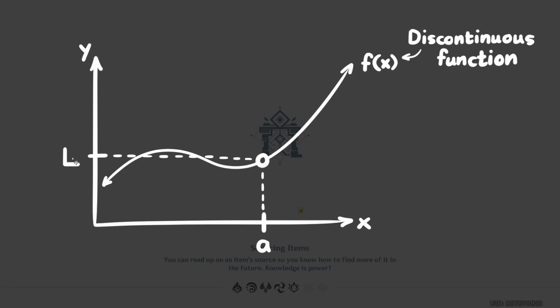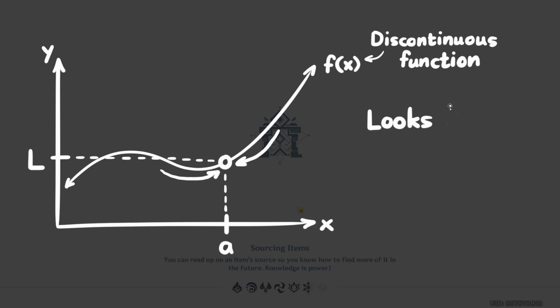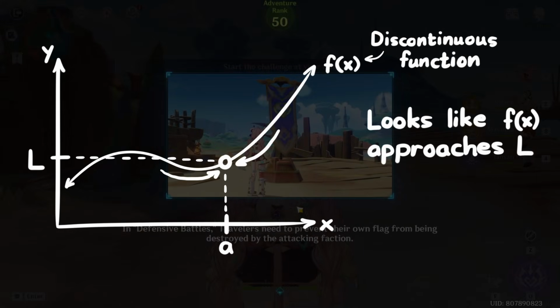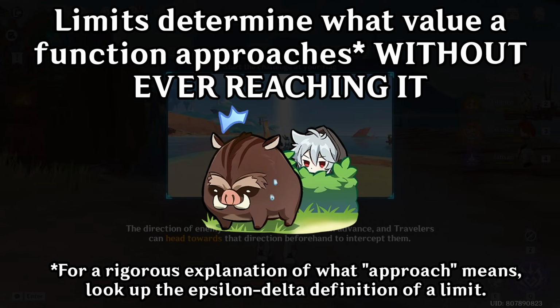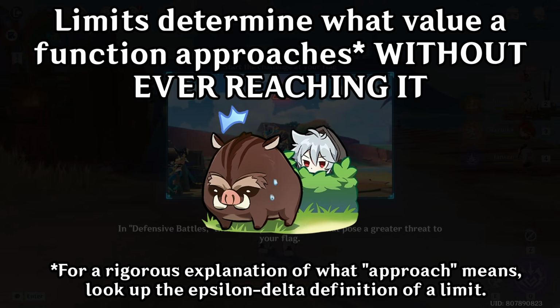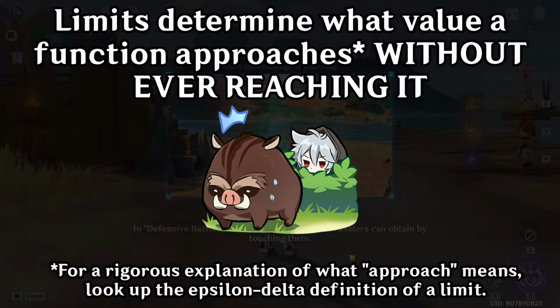Despite that, we can clearly see where the function is going. This is essentially what a limit is in concept. It determines what value a function approaches without ever reaching it. To reiterate, the core idea of a limit is that it approaches but never reaches.